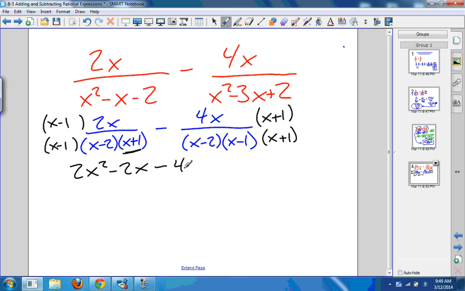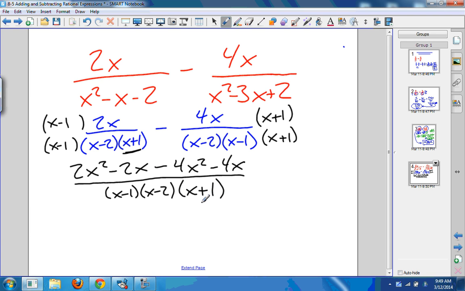So it'll be minus 4x squared if I distribute that side. And a minus 4x. If I do 4x times x and negative 4x times 1, I'll get this. And this is all over my common denominator of x minus 1, x minus 2, x plus 1.